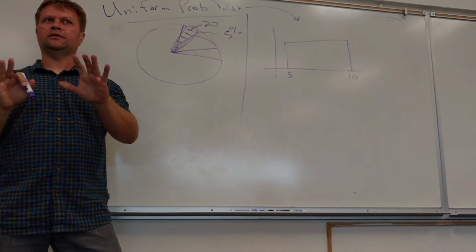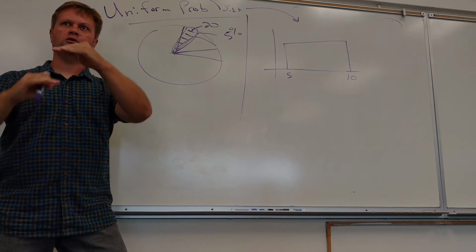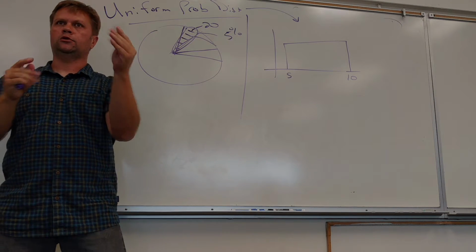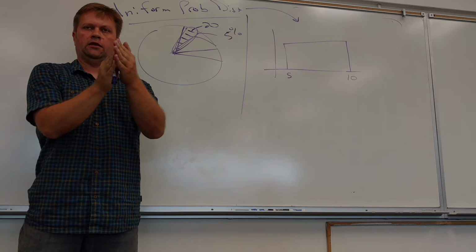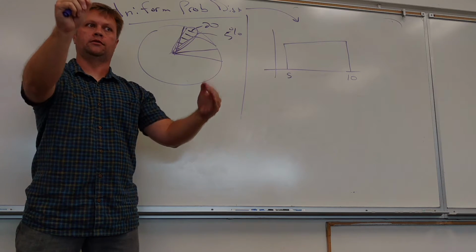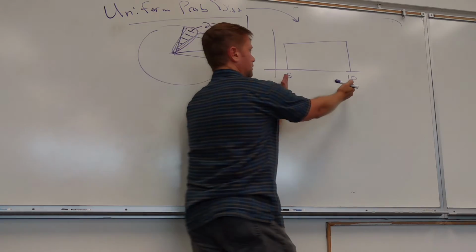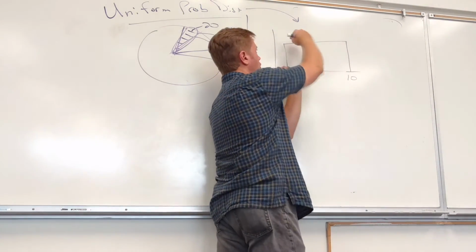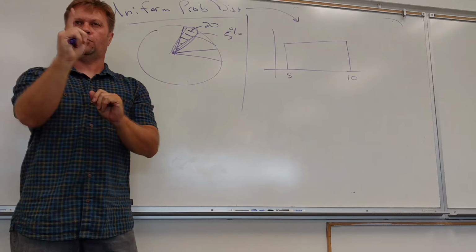Now somebody help me out. This is old news. How tall does it have to be so I have an accurate probability distribution? Meaning the whole area must be 1. Well, how wide is it? 5. So how tall must it be so the area is 1?